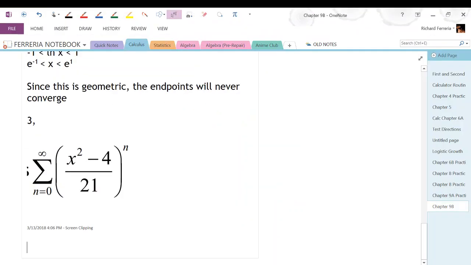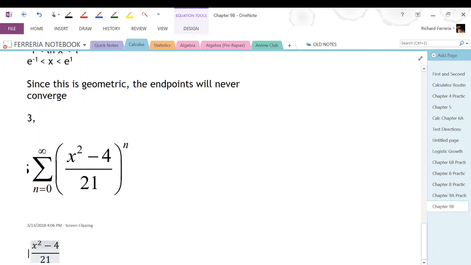So this is in fact another geometric series. So in order to do this one, we're going to have to, again, take the absolute value of the ratio. The ratio is x squared minus 4, the whole thing on top of 21, and then this whole thing to the n power. This doesn't look nice either.